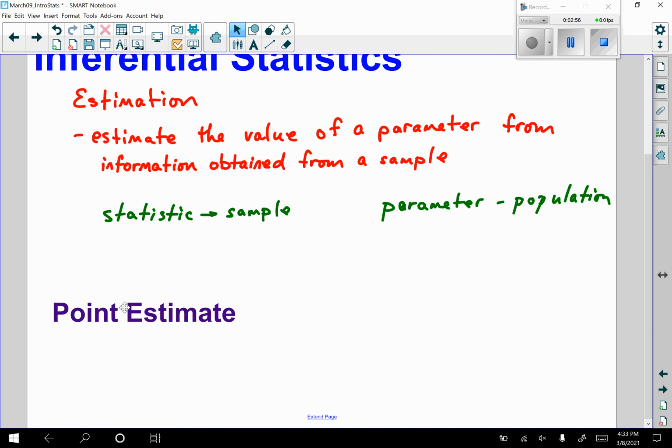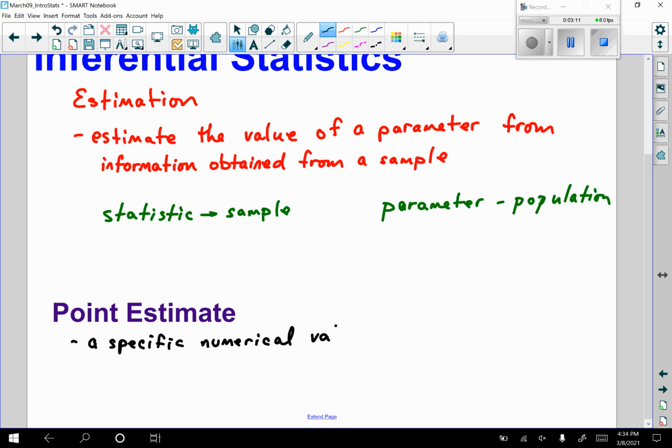So we also have what's called a point estimate. This is a specific numerical value, just like we're kind of pinpointing this value. So it's a specific numerical value estimate of a parameter.